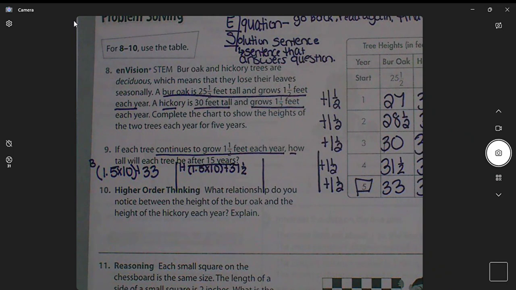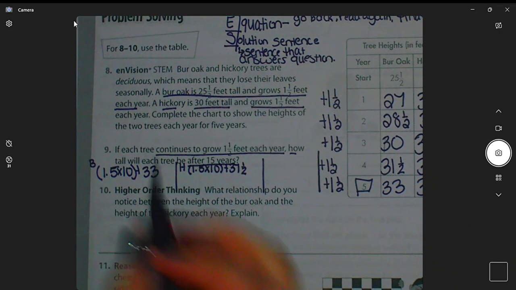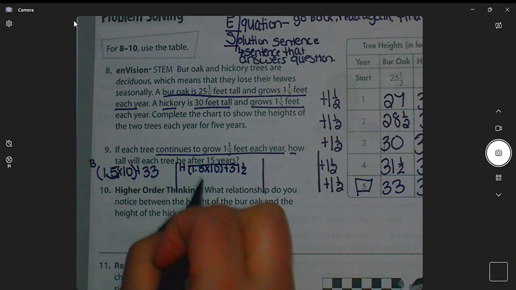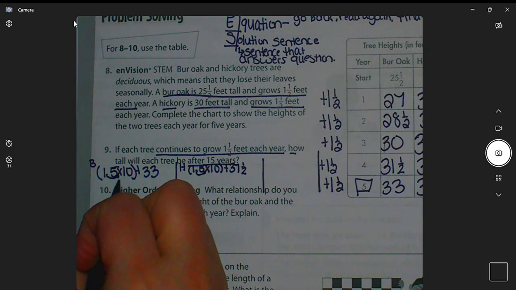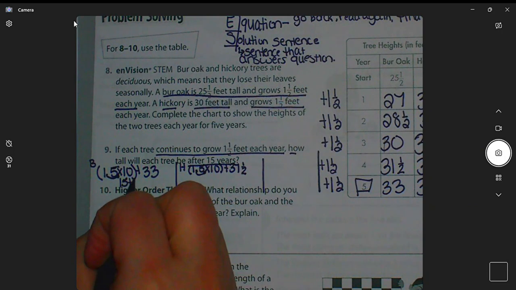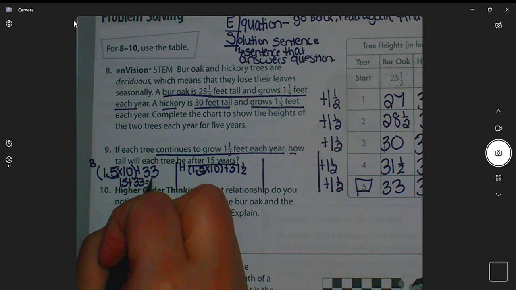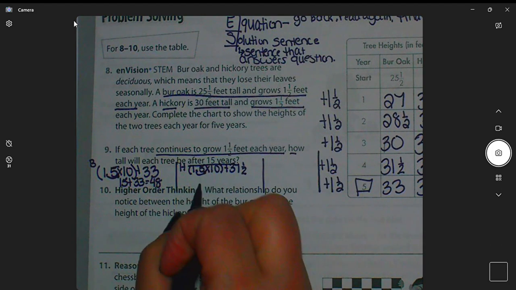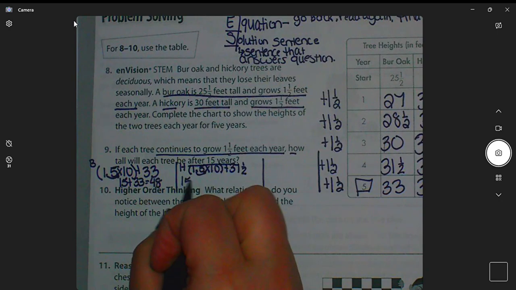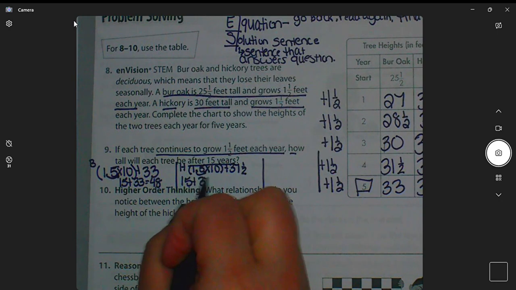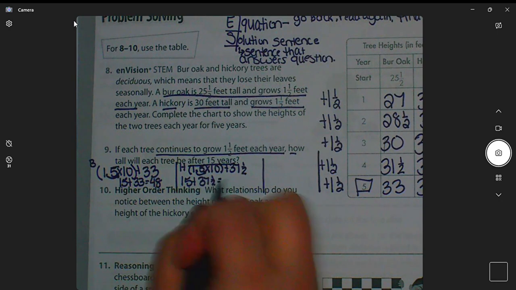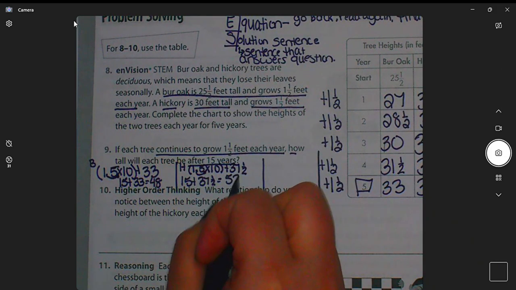What is one thing I know about multiplying a decimal by a 10? Yes, that decimal is going to get bigger. So I move my decimal over. 15 plus 33 equals 48. 15 plus 37.5 equals 52.5.